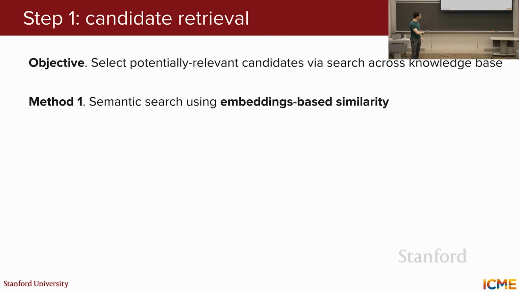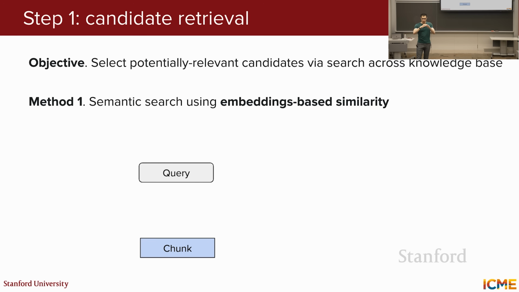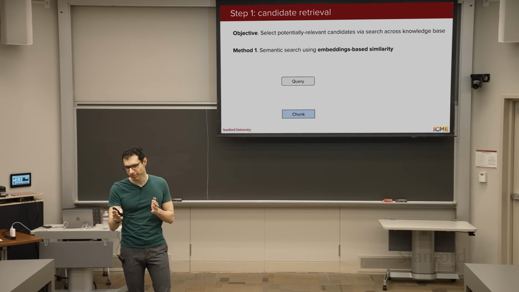So what we do is leverage the embeddings that we computed during the knowledge base initialization, and we try to fetch potentially relevant candidates by doing a semantic similarity search.